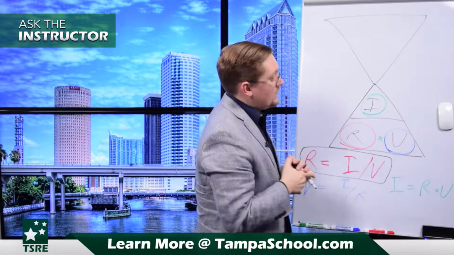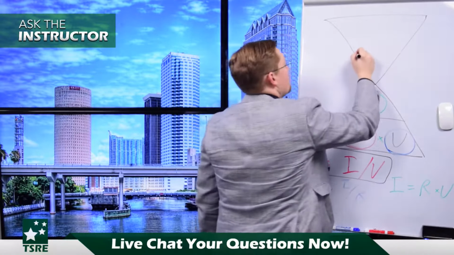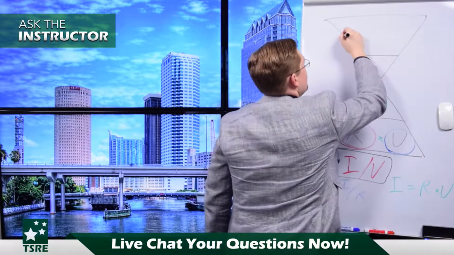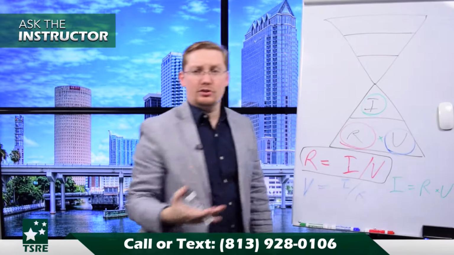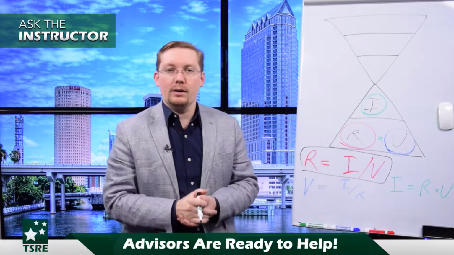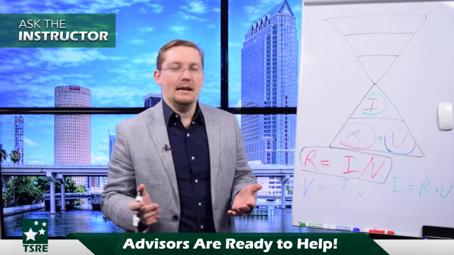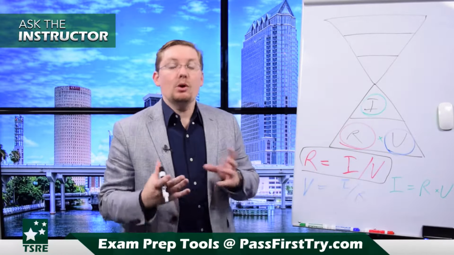What's going on with the top part of this diagram is we have three different levels of income. Not only is it important to understand the terms of these different types of income, whether for your exam or for the real world when you're dealing with investment property, it's important to know what those numbers mean, what these words mean.